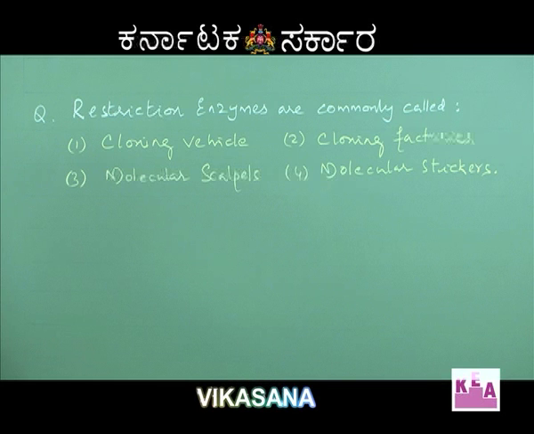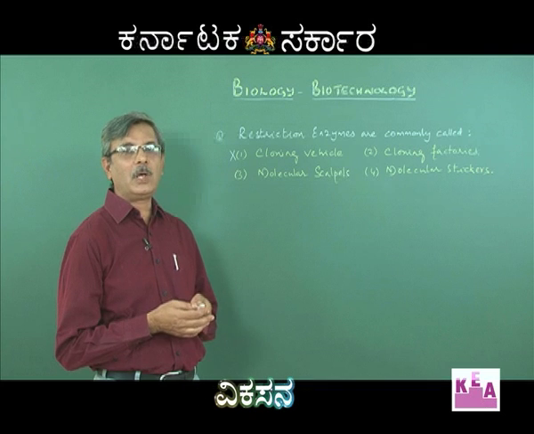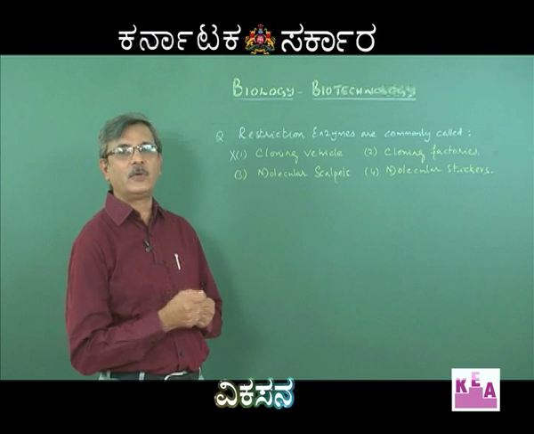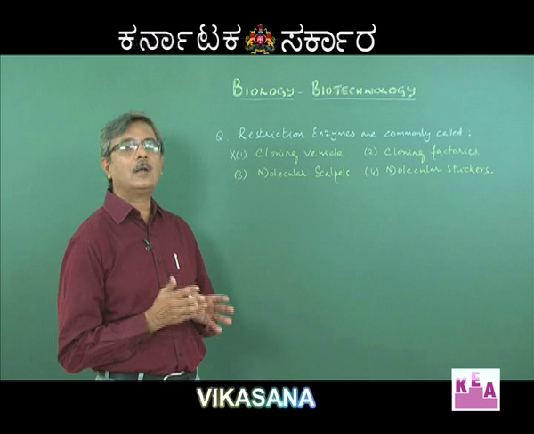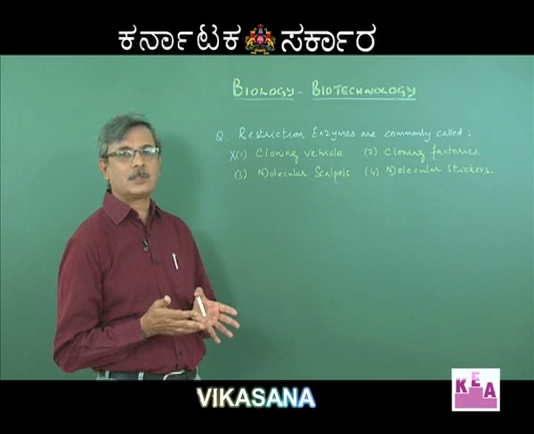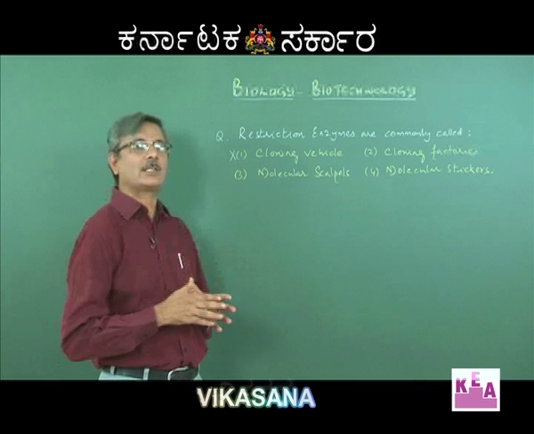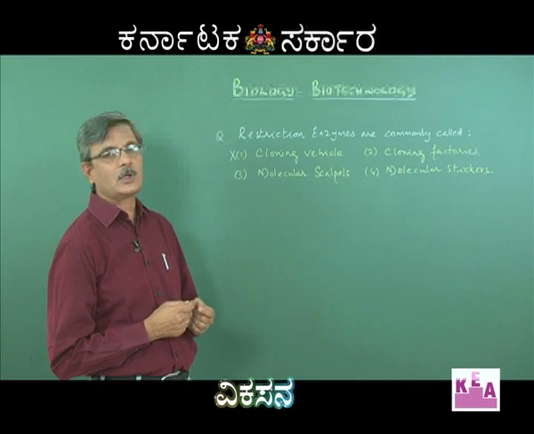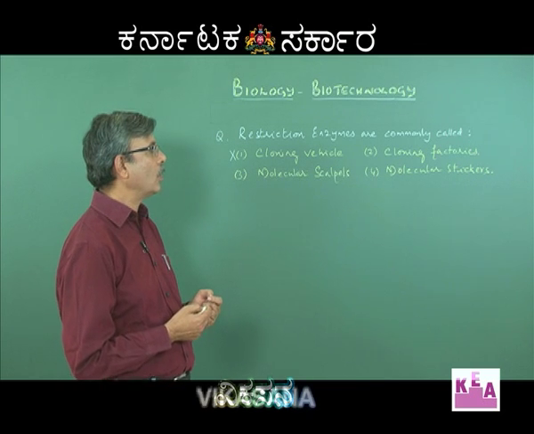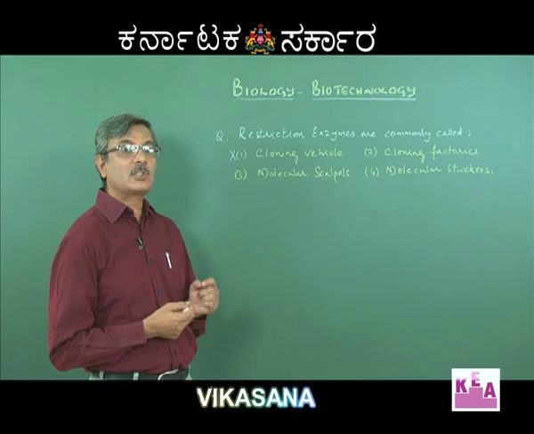Cloning factories. Remember, genetic engineering is also called gene cloning. Here we are putting the desired gene of interest to get its product, where as the cell in which we have put it multiplies, your gene of interest also multiplies, which is called gene cloning. So, cloning factory is nothing but the host cell.